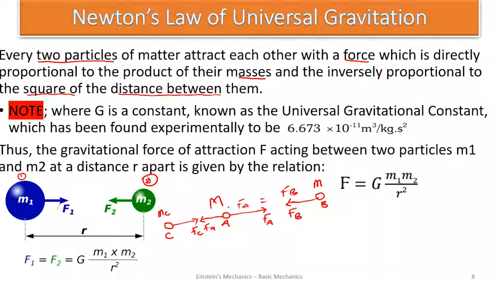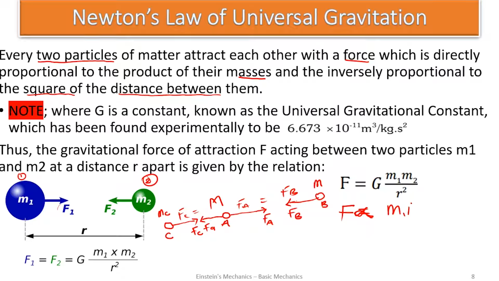Fa is also equal to Fc. They exert an equal amount of force. So this force can be calculated from the definition. We saw that the force is directly proportional to the product of their masses. So the force exerted between them is directly proportional to the product of their masses. So let's use this mass 1 and mass 2.